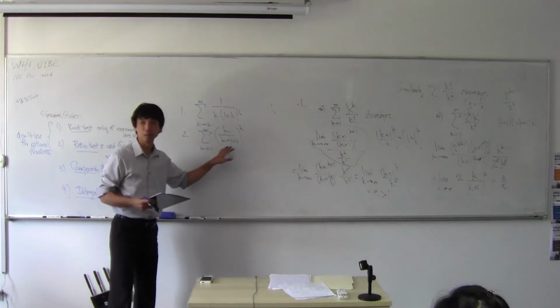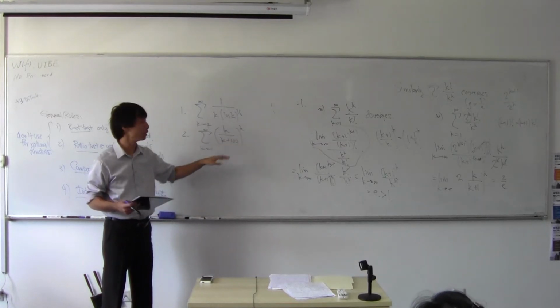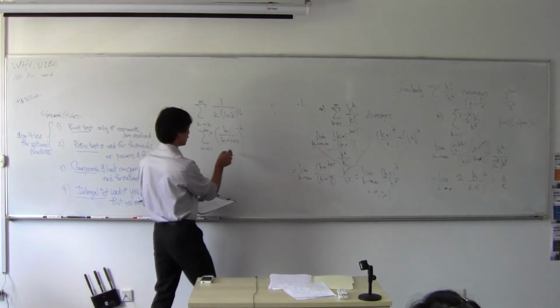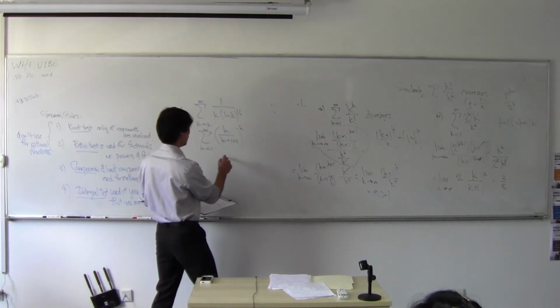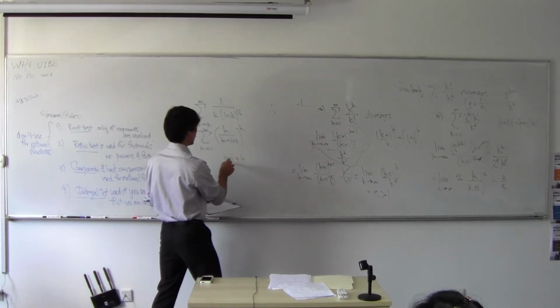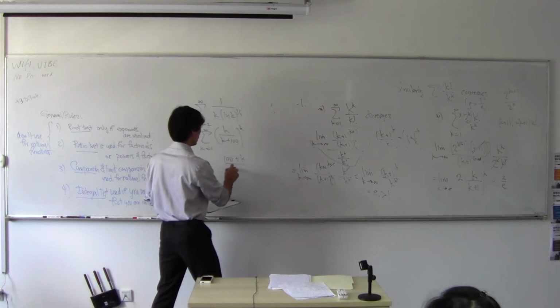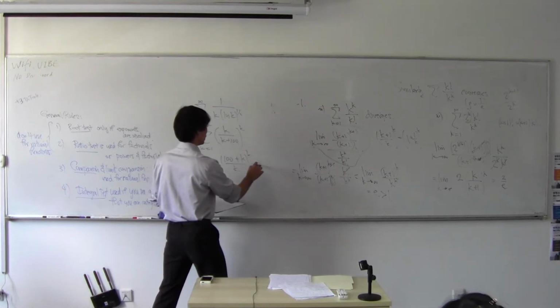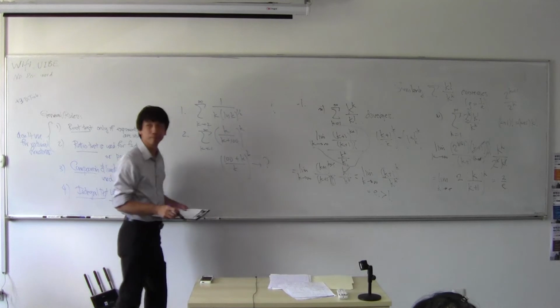Oh, yeah, actually, I'm sorry. This is a trick question, right? So think like this. If we have k plus 100 over k to the k, what does that turn into?